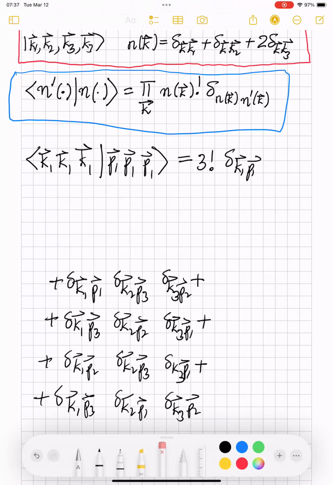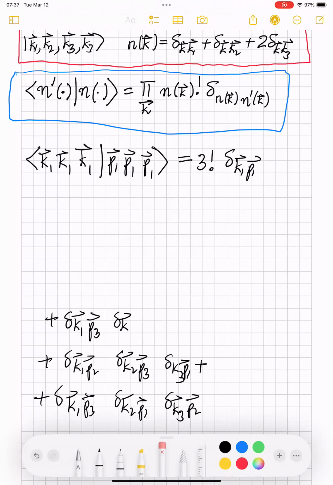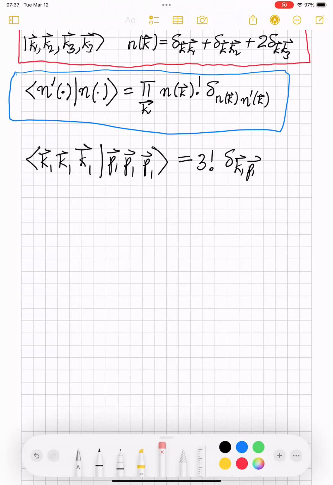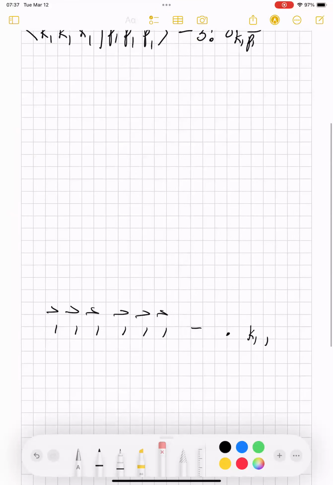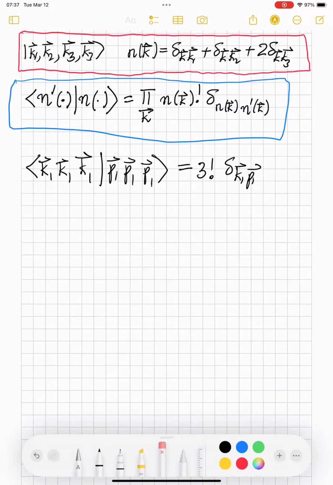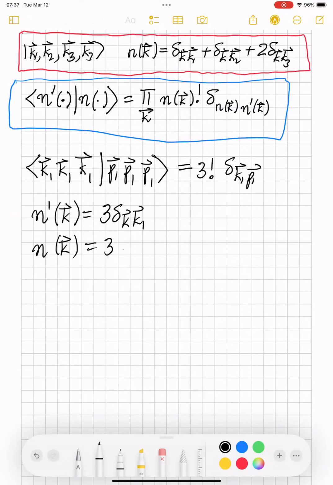Good. Okay. Now let's reproduce this formula from our occupation number representation. Let's see if we can do that. Okay. So now n primed of k is just 3 delta k, k1. n of k is just 3 delta k, p1.